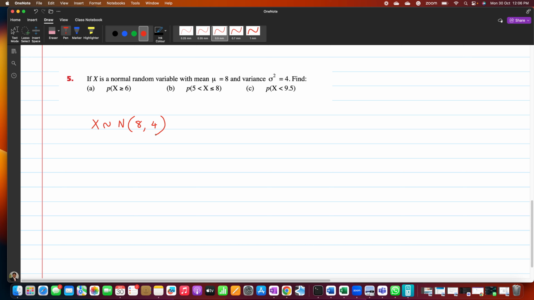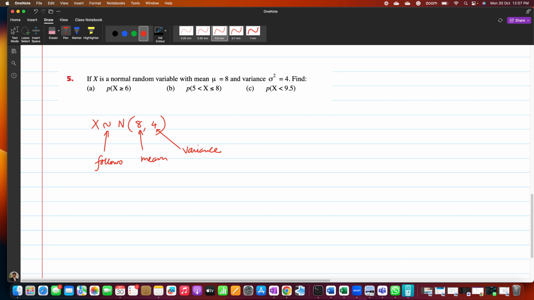The continuous variable x follows a normal distribution with mean 8, and 4 is the variance, not the standard deviation. So a normal distribution is defined by two parameters: the mean and the variance.